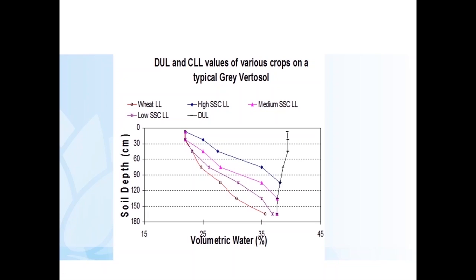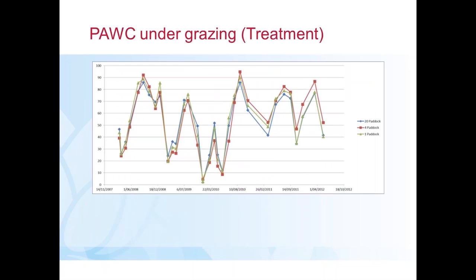We've done a similar thing in some grazing trials around Orange, and this term PAWC, plant available water content, is looking at the soil over time. We determined from the soil water measurements that no water was really being extracted from below about 800 millimetres in these soils, and that was pretty consistent across the whole landscape.